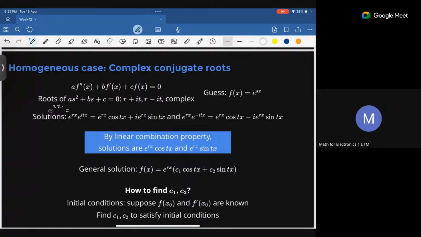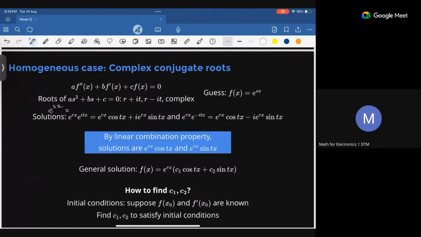Right, so if you substitute that, we'll have e power rx into cos tx plus i into e power rx into sin tx. And similarly, e power rx into e power minus itx, the other solution, is e power rx into cos tx minus i into e power rx into sin tx. And these are both just linear combinations of e power rx cos tx and e power rx sin tx.